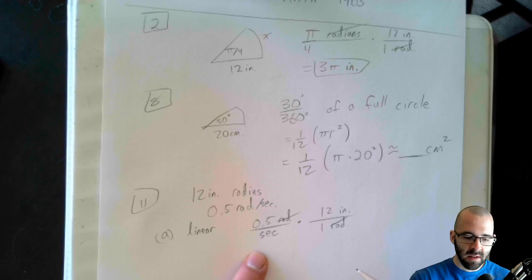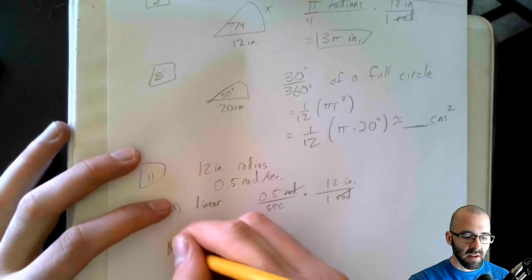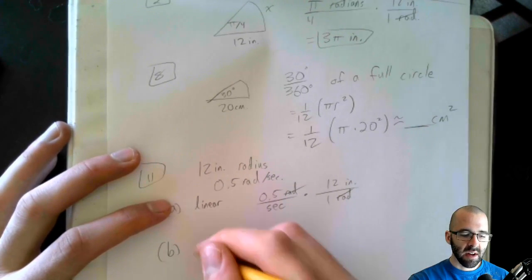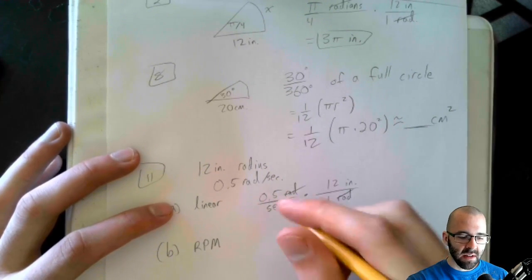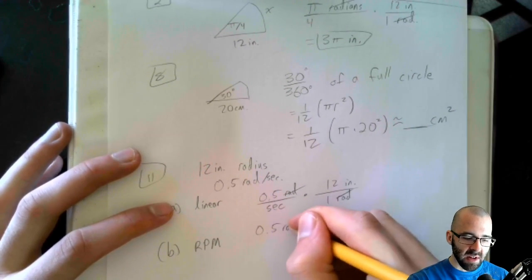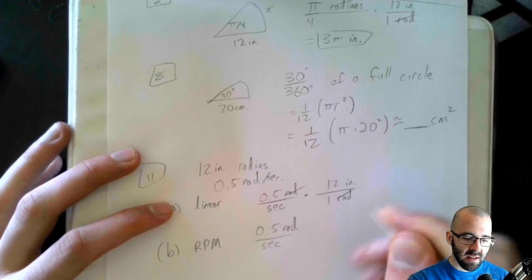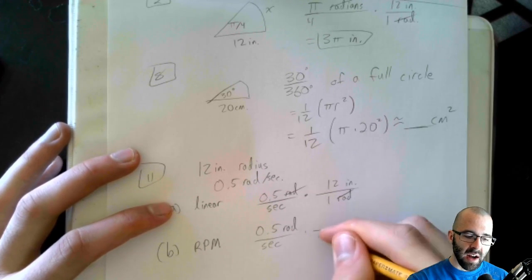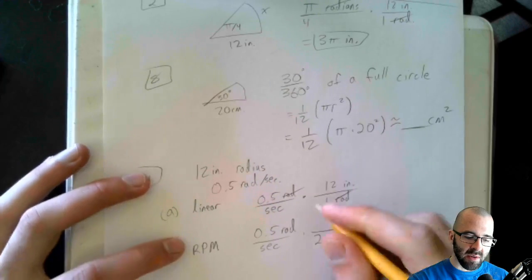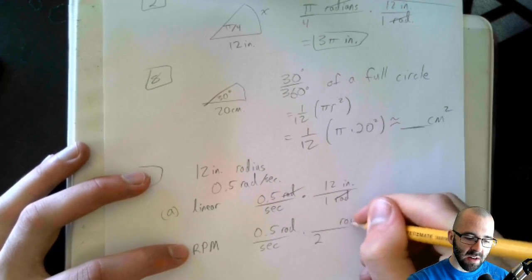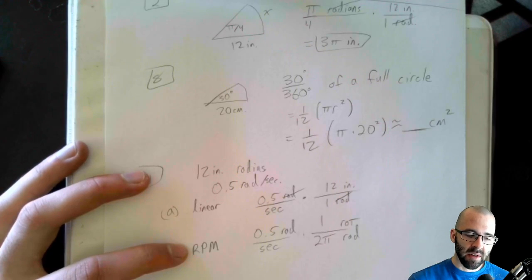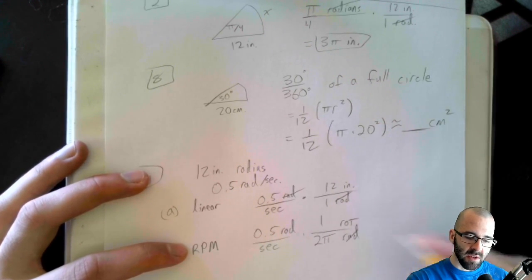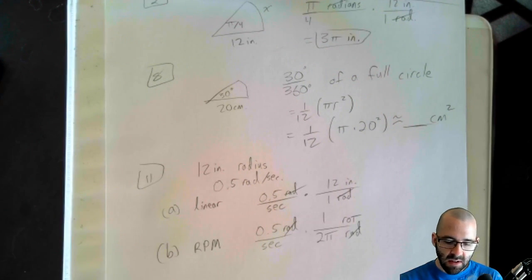All right. And we could convert it the other way, right? If we wanted it in RPM, rotations per minute. Again, we start with 0.5 radians per second. And then how many radians are in a rotation? We want rotation up here. Well, 2 pi radians are in 1 rotation. So then the radians cancel.